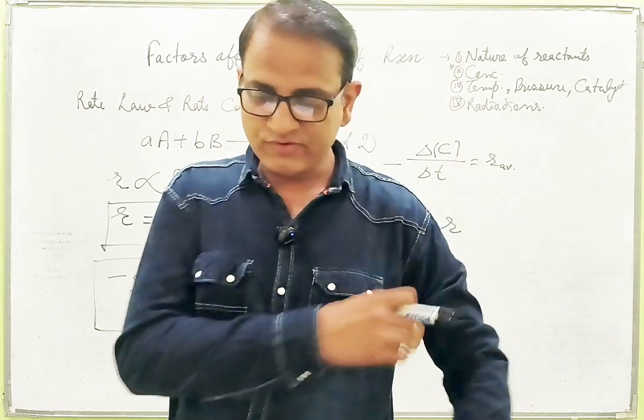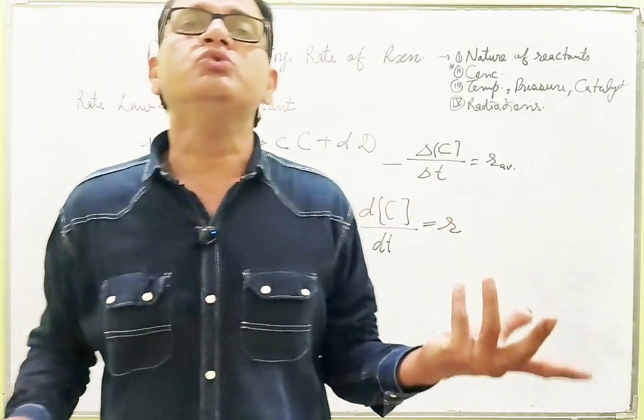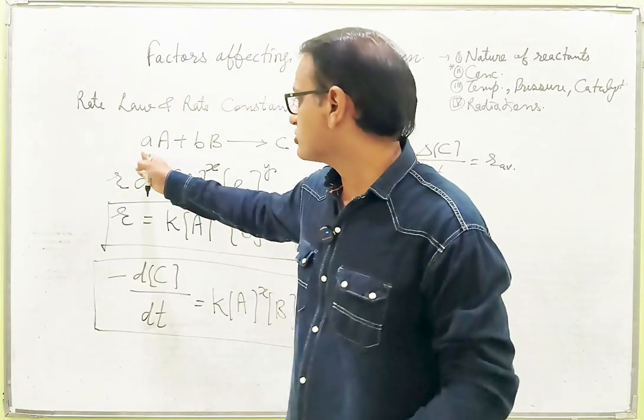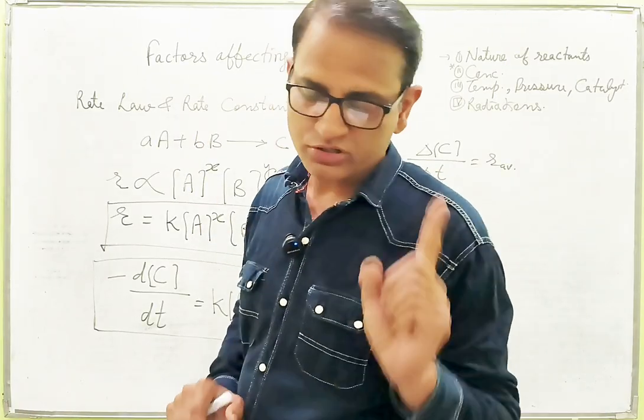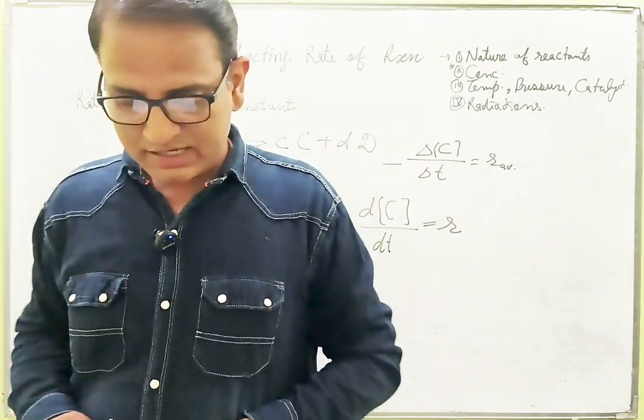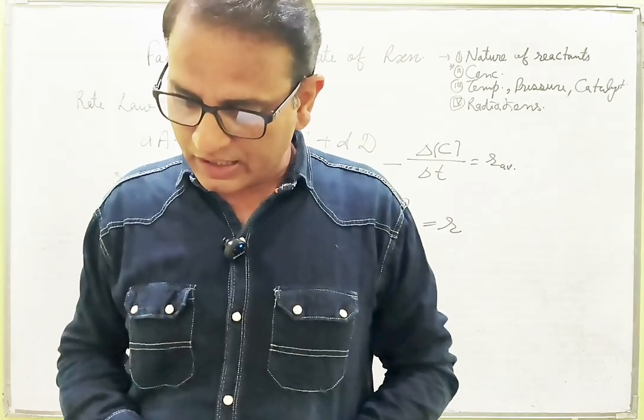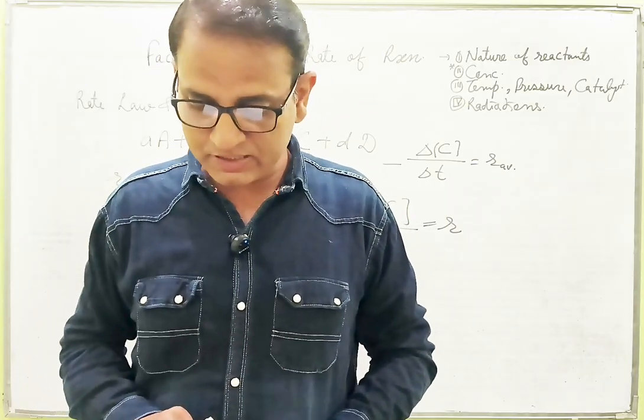So the exponents X and Y may or may not be equal to the stoichiometric values, and A and B are experimental values.